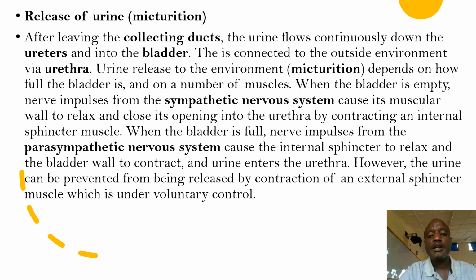They say when the bladder is full, nerve impulses from the parasympathetic nervous system cause the internal sphincter muscle to relax and the bladder wall to contract. Now, guess what is going to happen? Urine enters the urethra. However, the urine can be prevented from being released by contraction of an external sphincter muscle, which is under voluntary control.